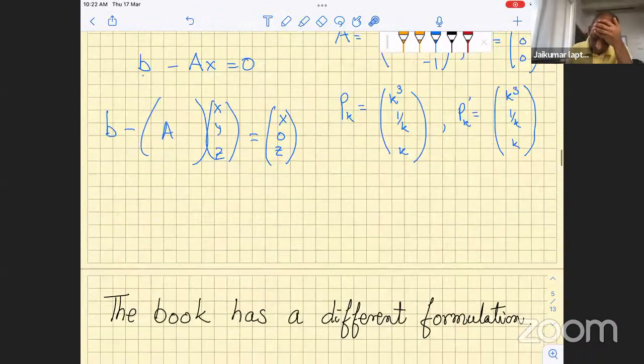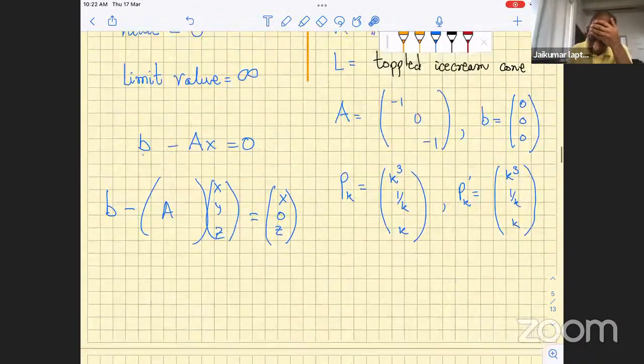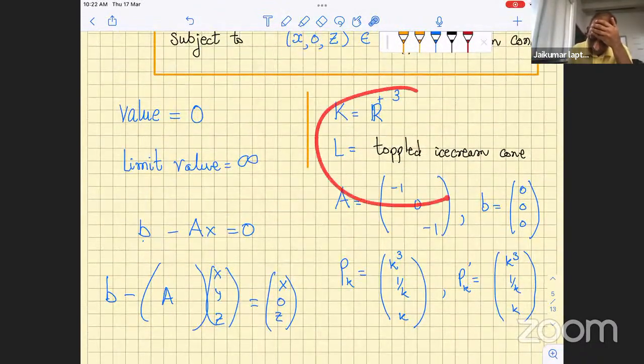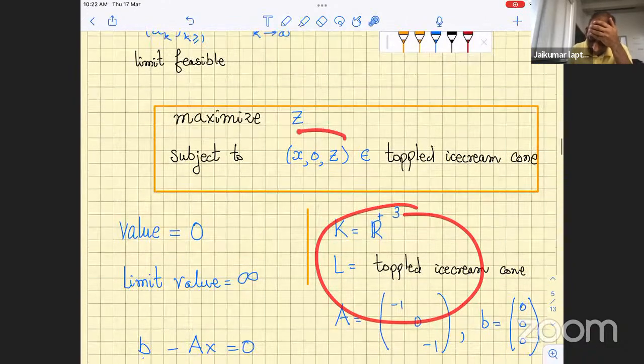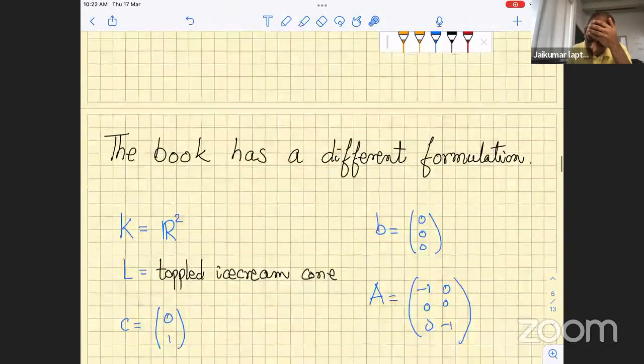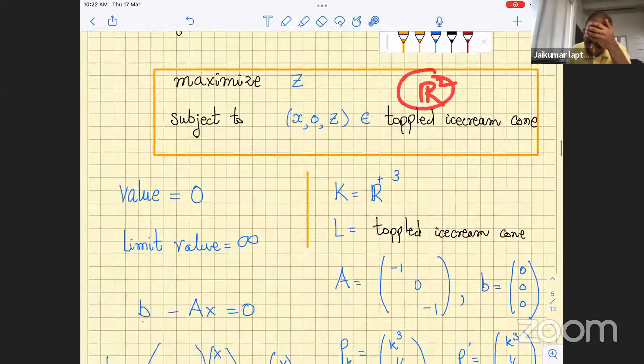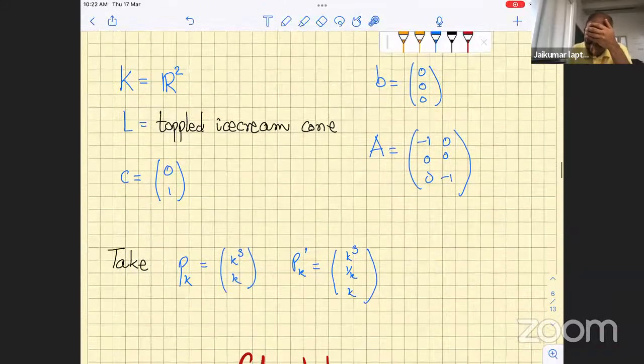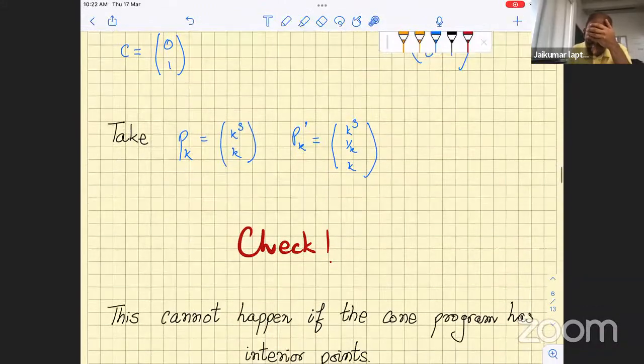Now, are there any questions? Okay, so the book thinks of this very same problem with the ambient space as R2. I thought of the ambient space as R3. You can think of the space as R2, with a different cone program to capture this very same thing that has been written here, and I will not do this.